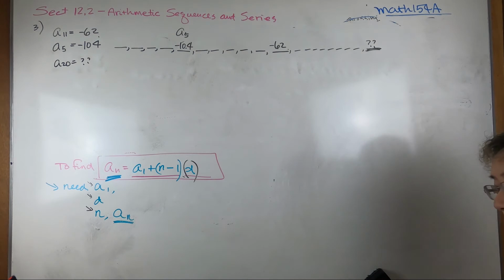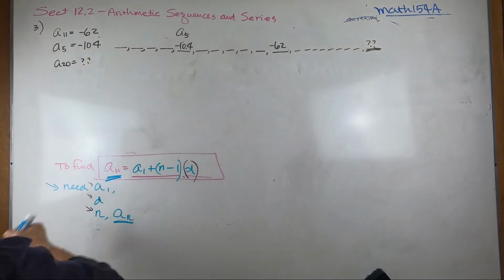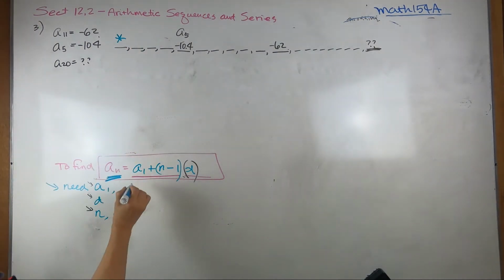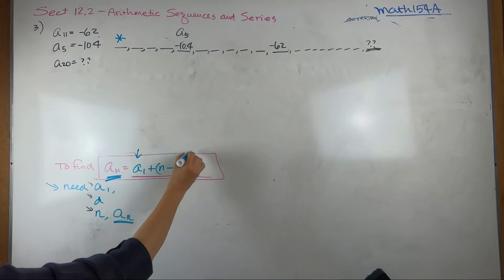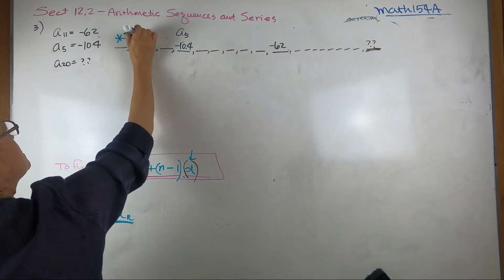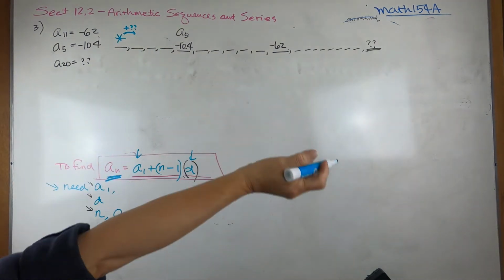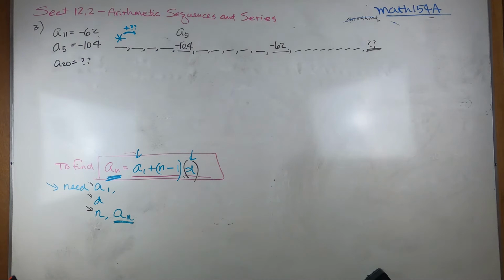We want you to find this one. The whole point is what? You need to know what's the first one, right? You need to know the first one. Then you need to know the D. You need to know how to get to the next one. Then you can predict just by the formula.